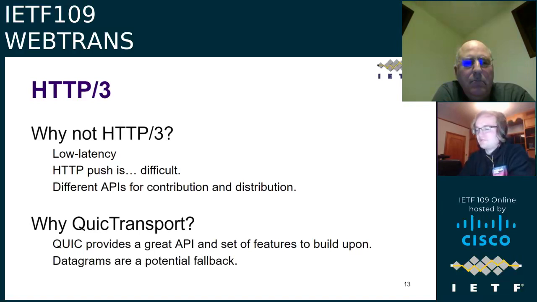It also gets difficult when you want the same API for contributing and distributing video. You have to deal with firewalls, so if the client is pushing video, it's a different API than when the client's downloading video. So it's really nice to have a QUIC-based API where it's just arbitrary streams. It doesn't matter who initiates or who's receiving. The API is symmetric in that regard.